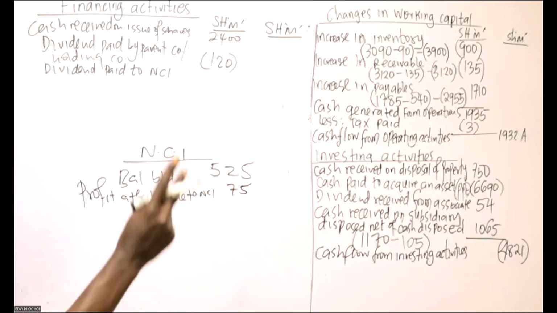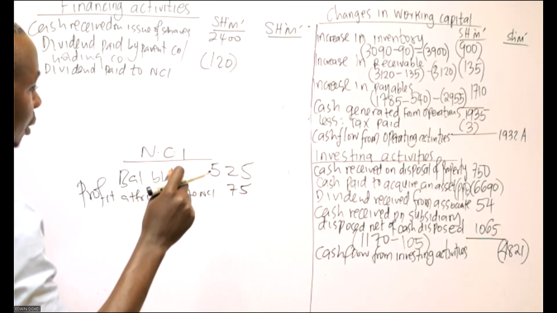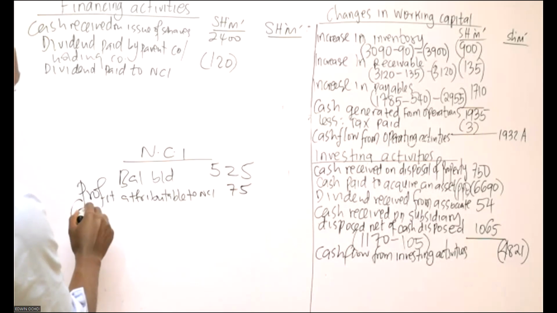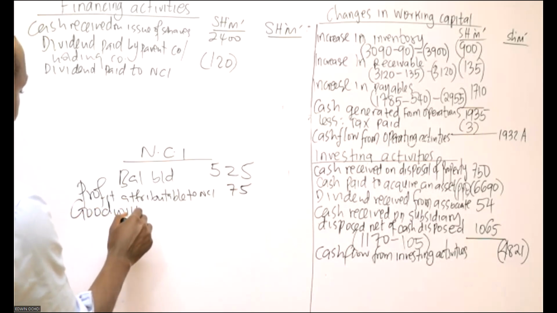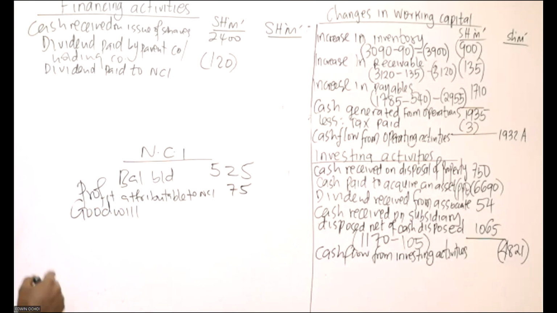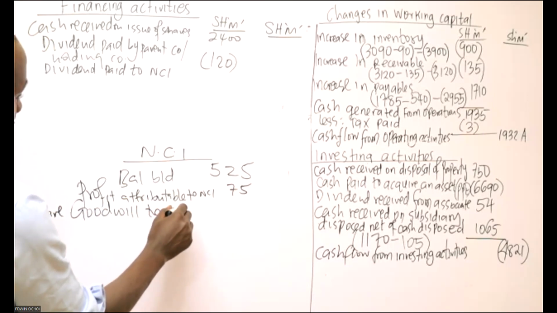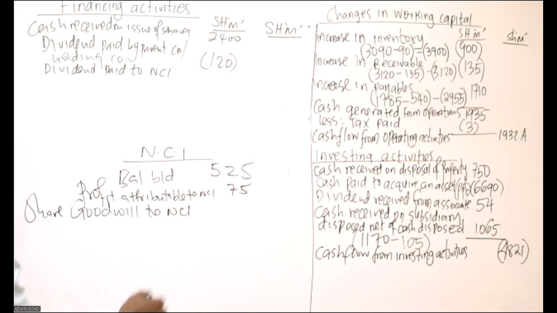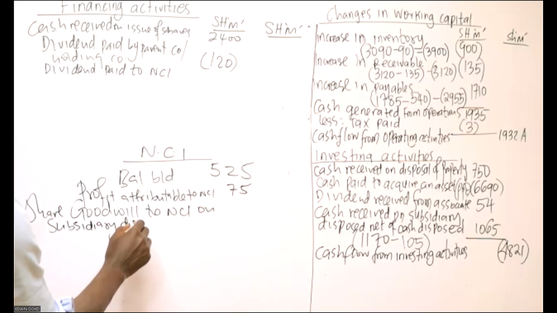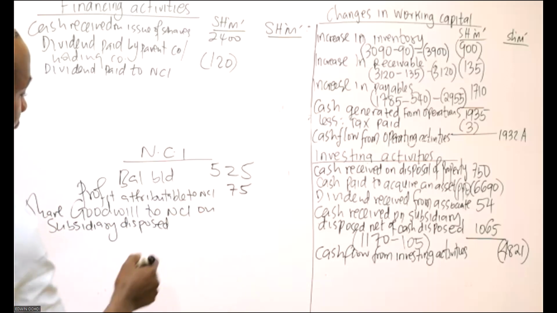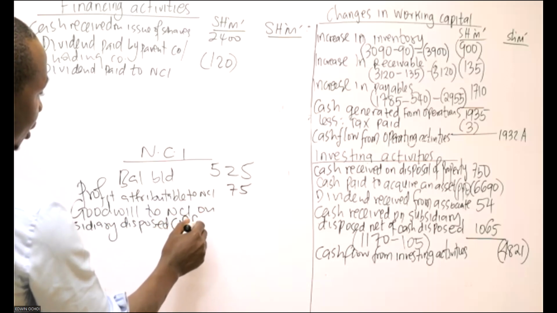Then here there's 2 items we include. Goodwill, share of goodwill to NCI on subsidiary disposed. But this one can only be applicable if full method was used.